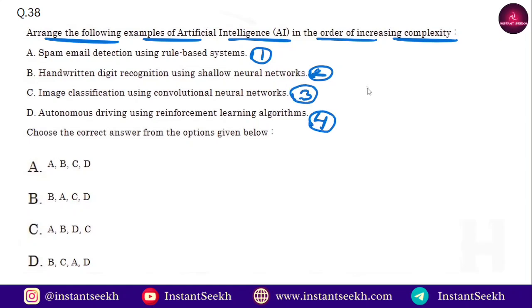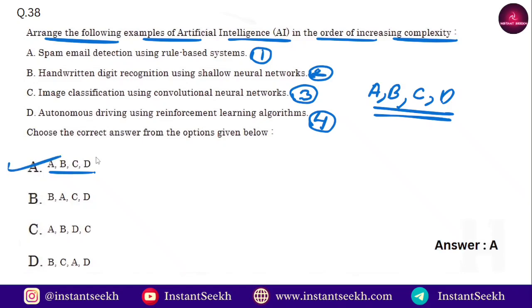So your correct sequence will be spam email detection using a rule-based system, which has the lowest complexity, then handwritten digit recognition, then image classification, and then D, autonomous driving. This will be the increasing complexity pattern for the examples of AI systems mentioned below. The correct option that matches is your answer. Option A is your correct answer for this particular question. Let's move on to the next.